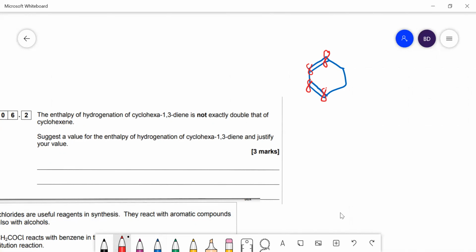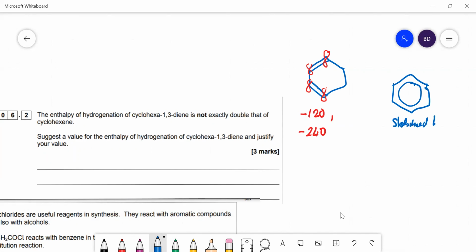Now, for cyclohexene, when there's one double bond, it's minus 120. You would expect this to be minus 240. Now we said when you have the full benzene, that's stabilized, we worked out, by 152 kilojoules per mole.